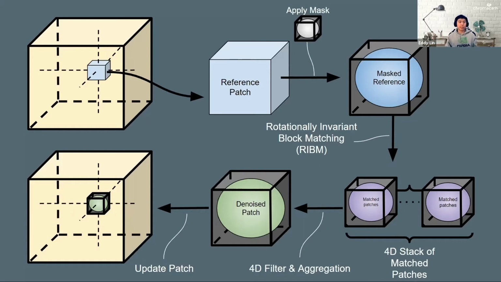That's the RIBM part. Then we take that 4D stack of matched patches and perform 4D filtering and aggregation to get one single estimate of the denoised patch. With that denoised estimate, we update the original volume in place of where that reference patch came from.